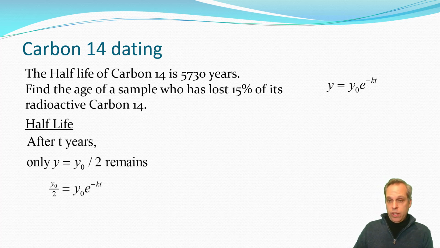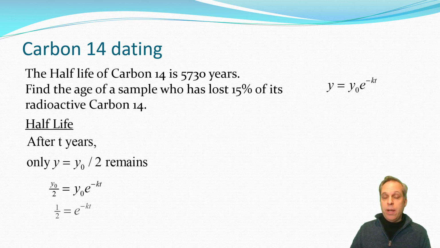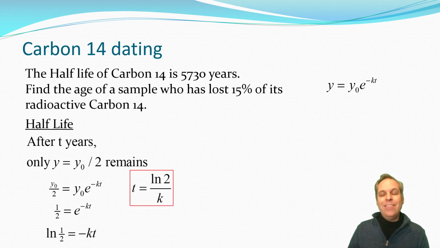If you just plug that into the equation, replacing y with y naught divided by 2, and assuming t is then the half-life period, you can solve for the unknown value k, or at least the relationship between k and that half-life time. Just do so by canceling the y naught on both sides, taking the natural log right away, and then solving for t. That is the formula that relates the half-life time with the constant k in the formula.